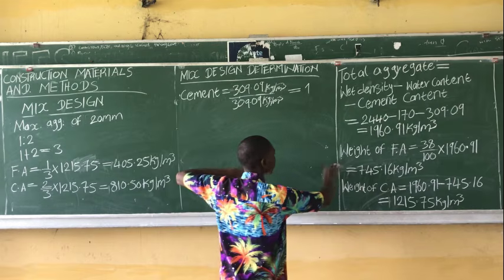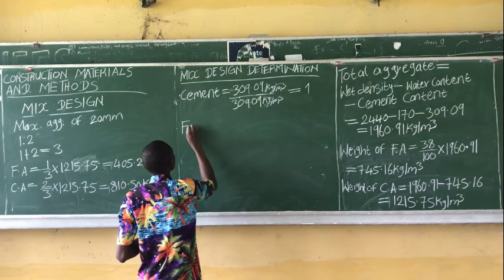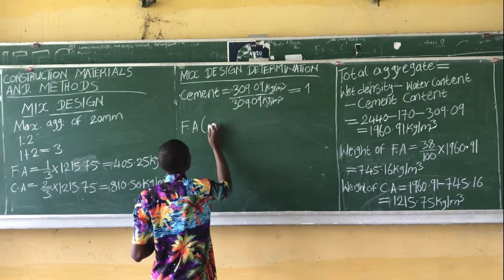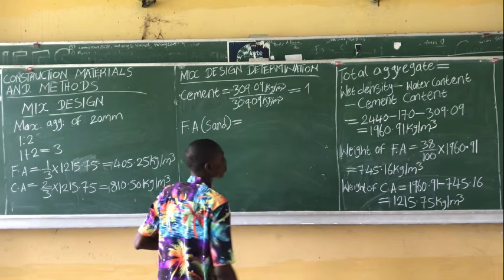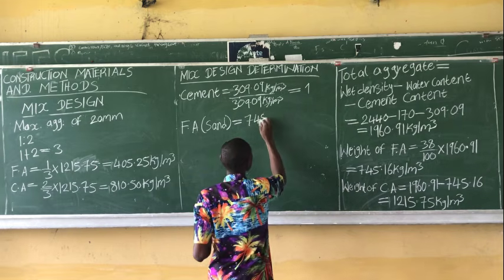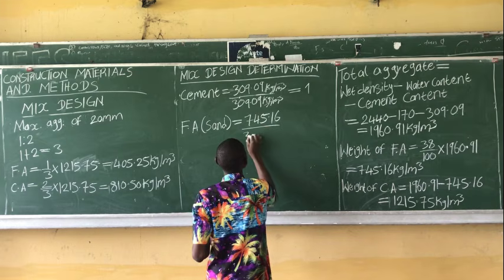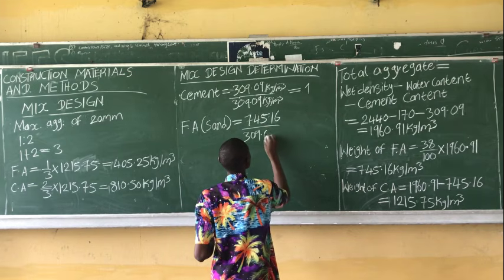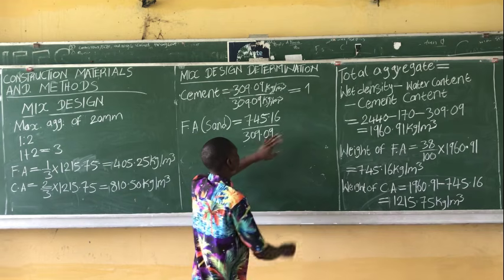So the next ratio to determine is that of fine aggregate. For fine aggregate, which is also our sand, this is equal to the weight of fine aggregate, 745.16, all over 309.09. This is in kilogram per meter cube, and so is this, so they cancel out.